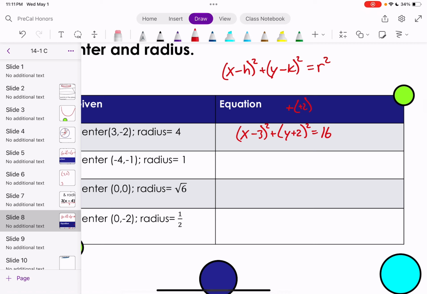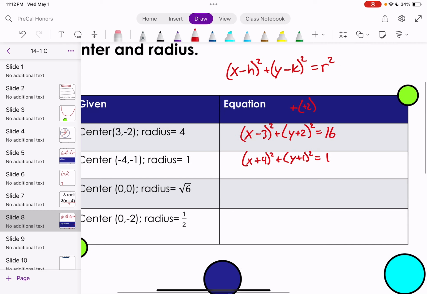Let's continue to work our way through these other problems. We have x plus 4 squared plus y plus 1 squared is equal to 1. Our next center is at 0, 0, which means we can write this in one of two ways.